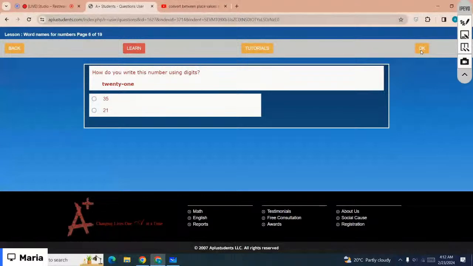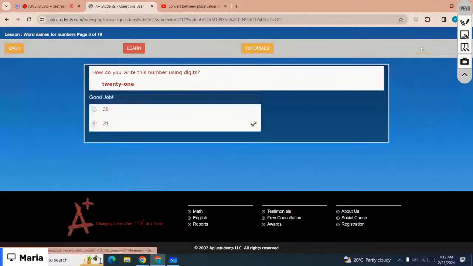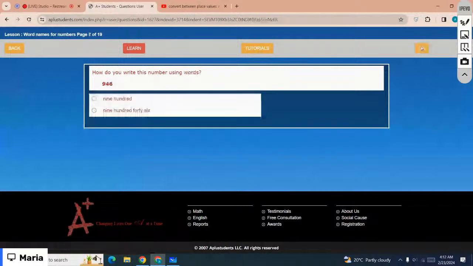21, which is the correct option? Yes, that's the second one. How do you write this number using words, 946? Which is the correct option?